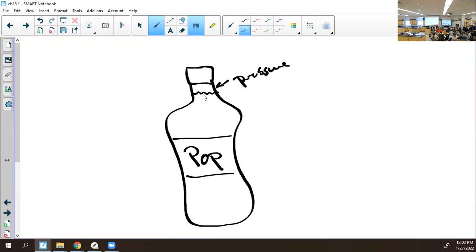And that pressure is being applied to the liquid. And the gas bubbles are in here, but they're dissolved in the liquid. So we don't really see them or interact with them. Just like we don't usually see a sugar molecule dissolved in the water. It's in there. We taste it, but we don't see it.